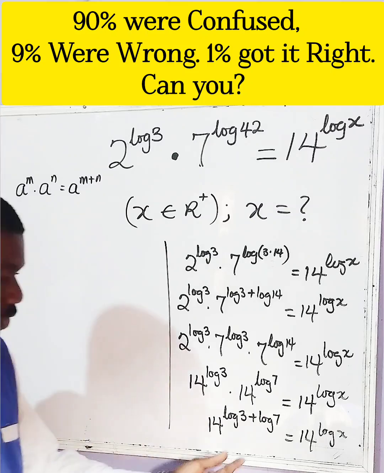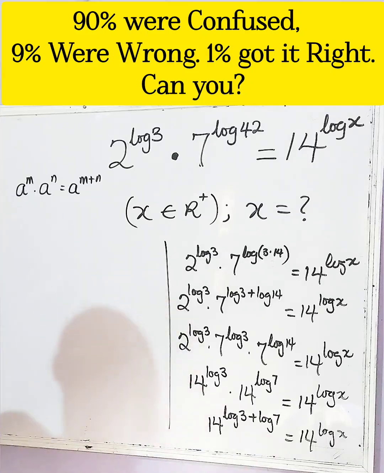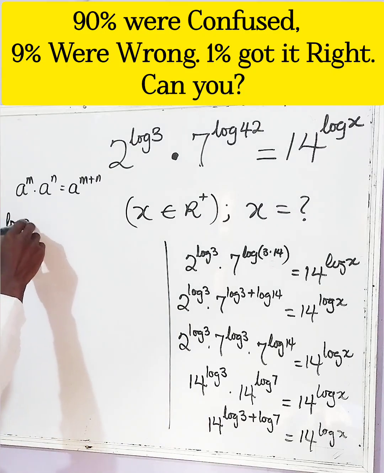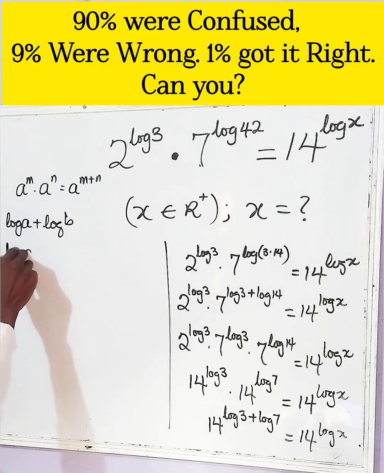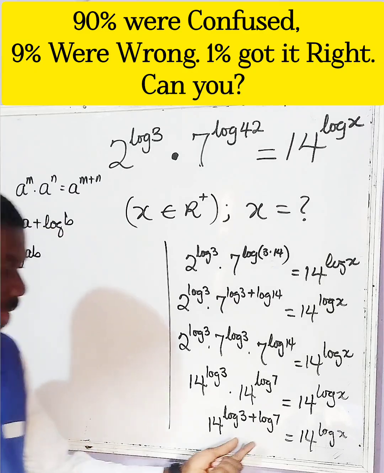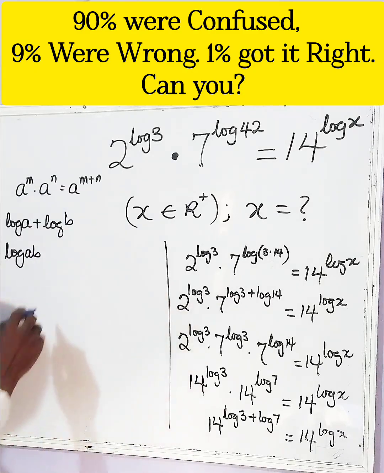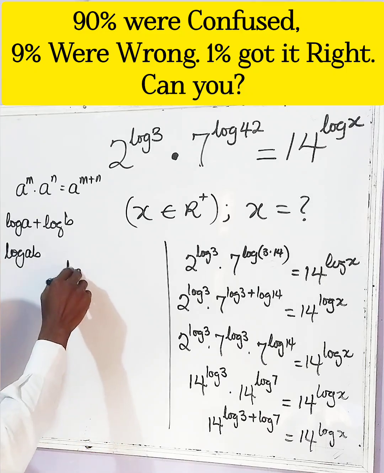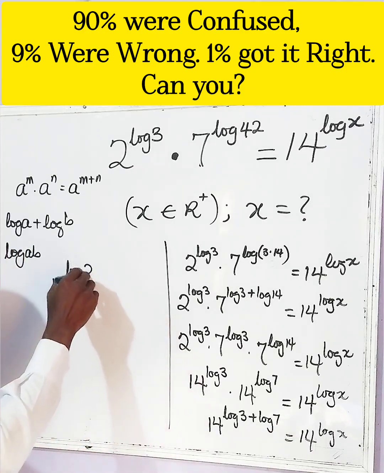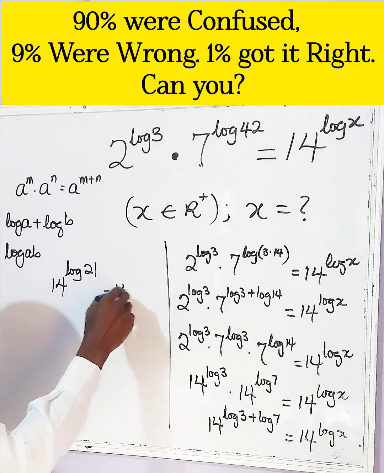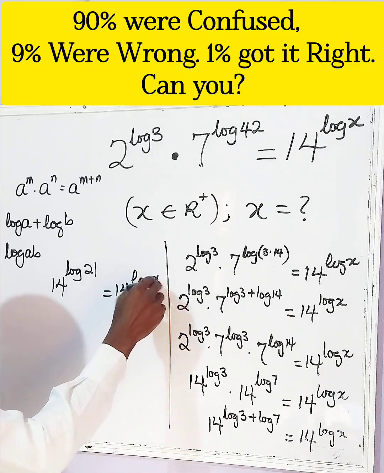And also according to the law of logarithm, as I earlier said, if you have log A plus log B, this gives us log AB. Applying that rule here, it implies that 14 will be raised to log, now 3 times 7 will give us what, 21, then equals 14, then log x.